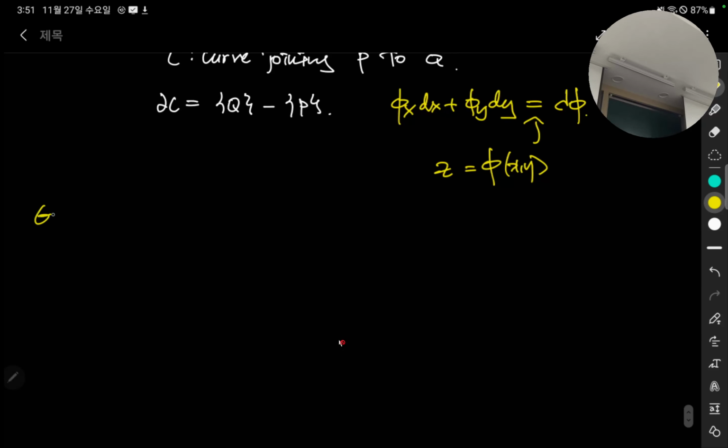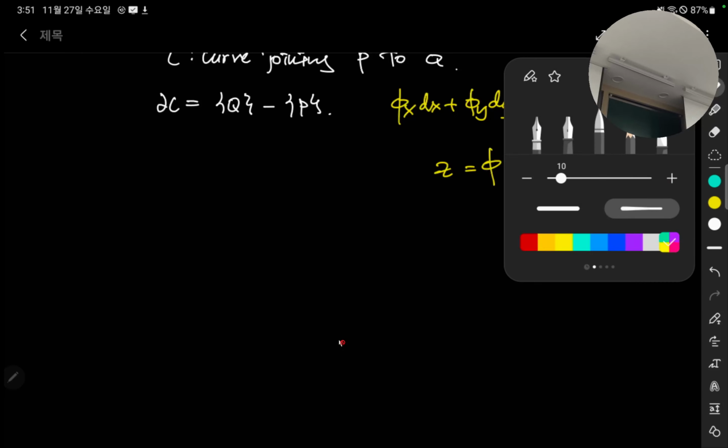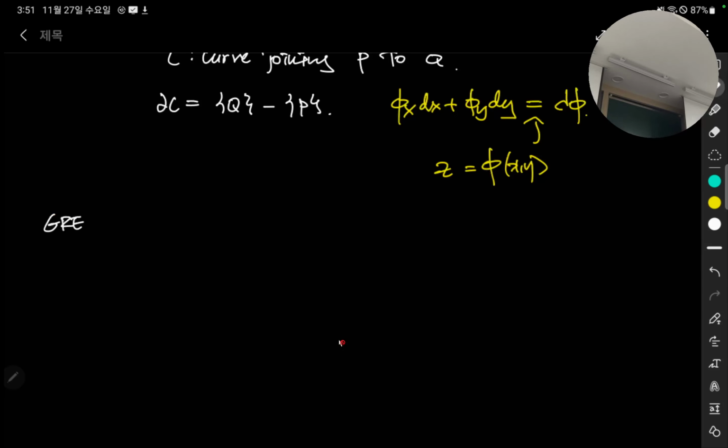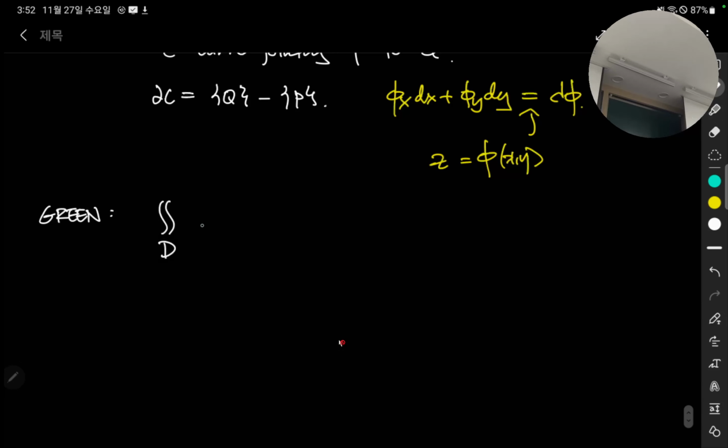So Green's theorem says, on the left-hand side, I have the double integration of q x minus p y dx dy. And on the right-hand side, I have the line integration of p dx plus q dy.